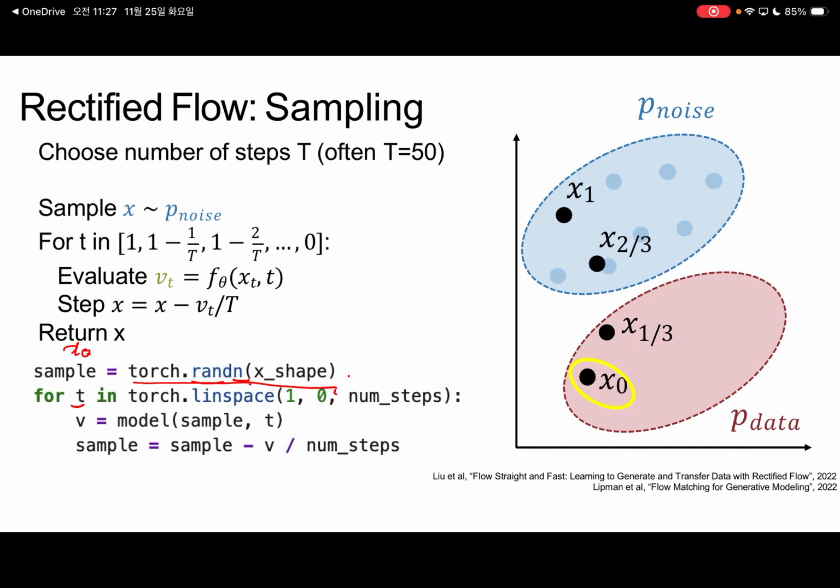And then t goes from 1 to 0 over a number of steps. The model takes the sample and t, which outputs v, and then the sample is iteratively updated by including this estimated v divided by num steps, right? We keep repeating this, and at the end of this for loop, we return the sample. That becomes the output of sampling.